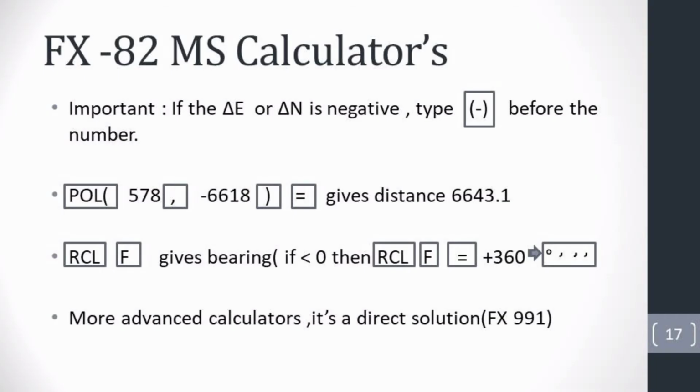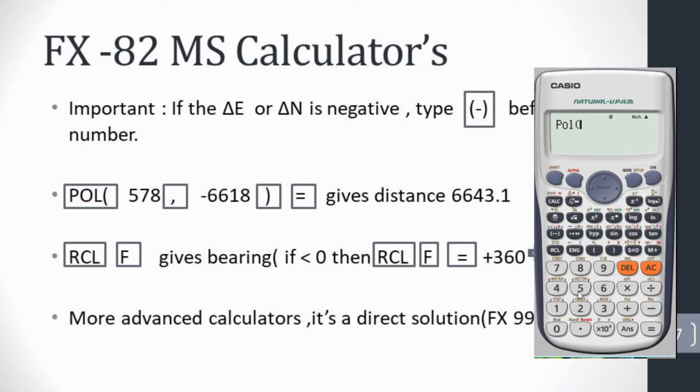So we go ahead. It is important: if the difference in the easting or the difference in the northing is negative, remember to type the negative before the number. On your calculator, you press the button where we have the Pol. You type the difference in the northing first, comma, then the difference in the easting.